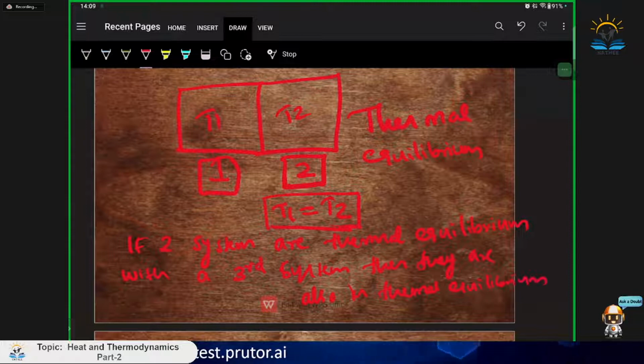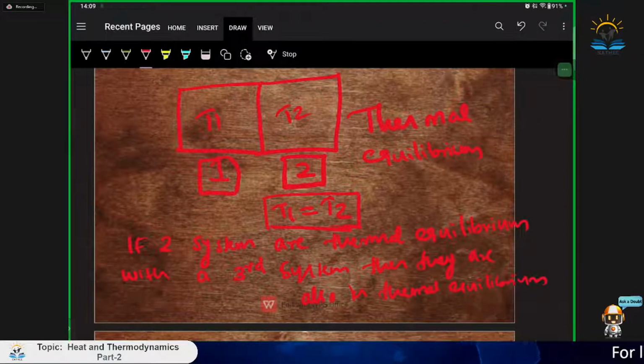If two systems are in equilibrium with the third system, then those two systems will also be in thermal equilibrium. Simple.